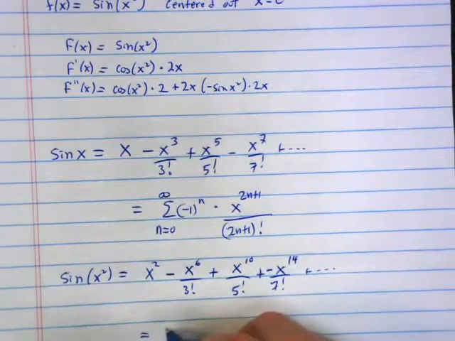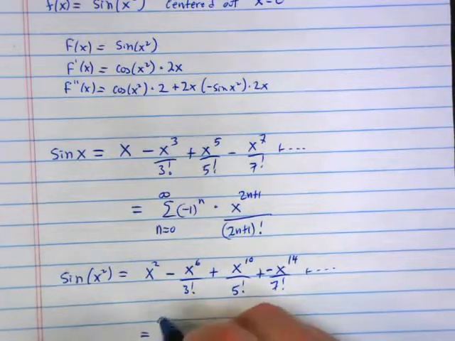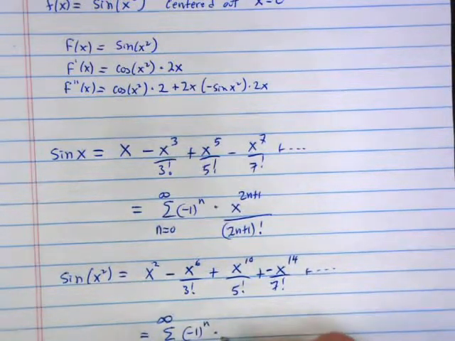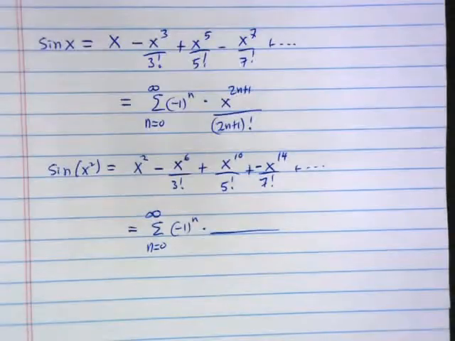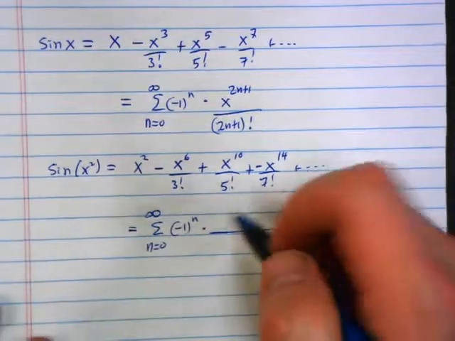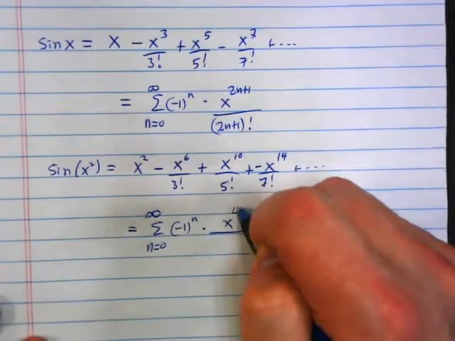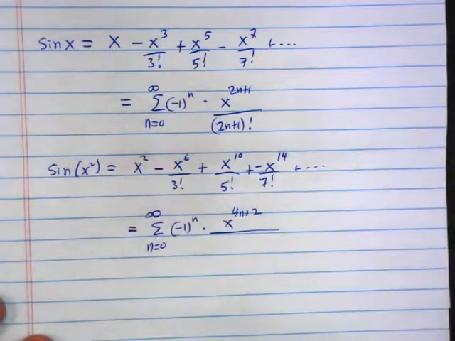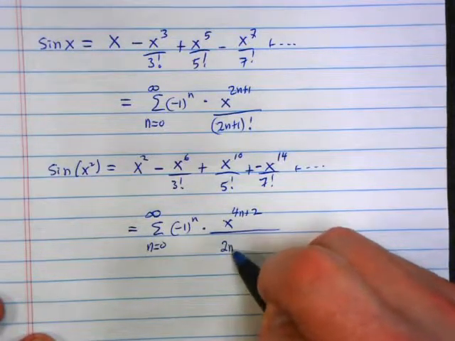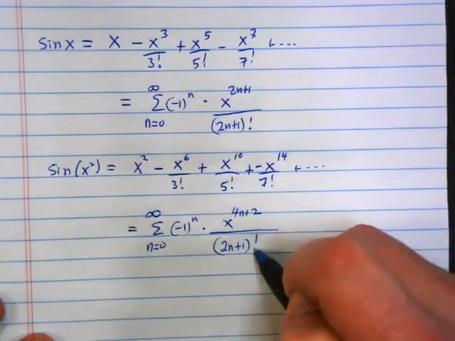Can you write that in summation notation? You're going to have -1 to the n. What are you going to have there? x to the 4n plus 2, divided by, it will still be 2n plus 1 factorial, isn't it?